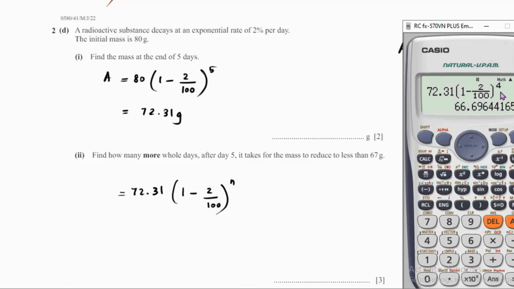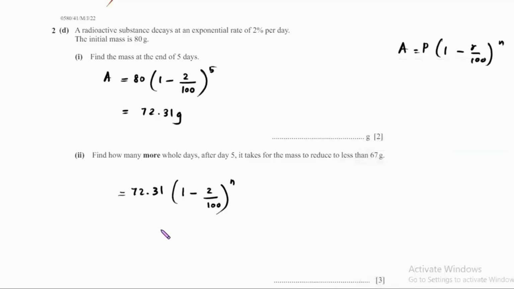And the reason why the value of n is replaced with whole numbers is because the question clearly asks us to write the number of days as a whole number of days. So it's going to be 4, which means only when we have 1 minus 2 over 100 to the power 4, this is when you end up getting 66.69.